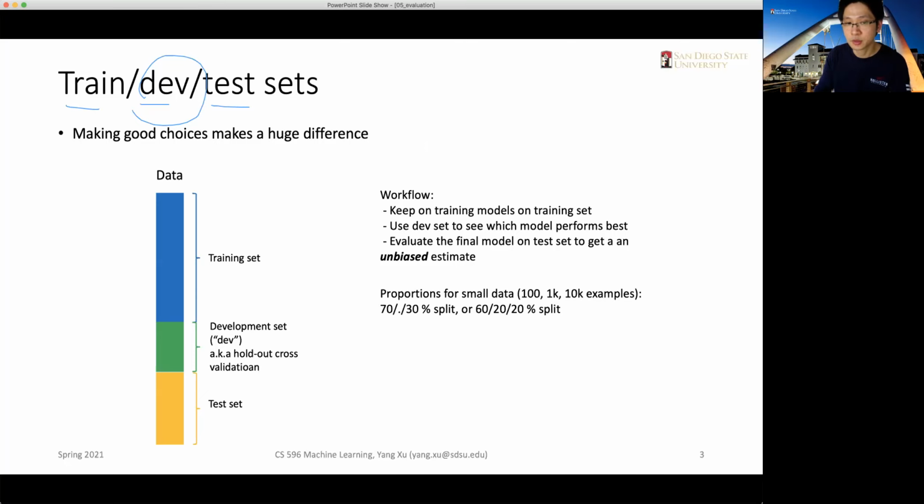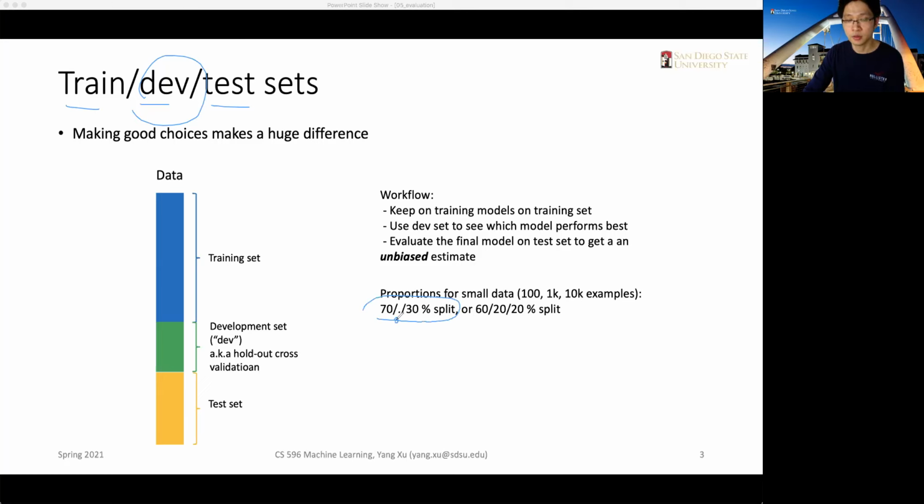In terms of the proportions, when the data is small, for example, you only have hundreds or a few thousand or even 10,000 examples, usually, because the data is small, which means the model would not be that complex, you probably will not need the dev sets in the training stage.